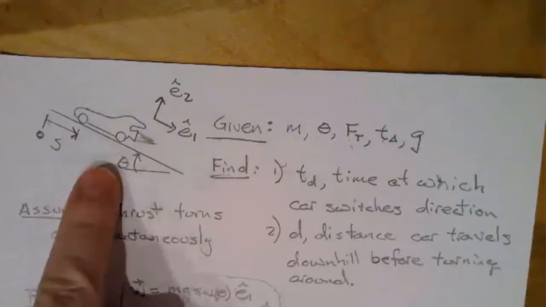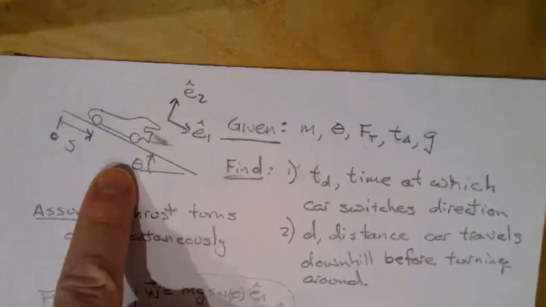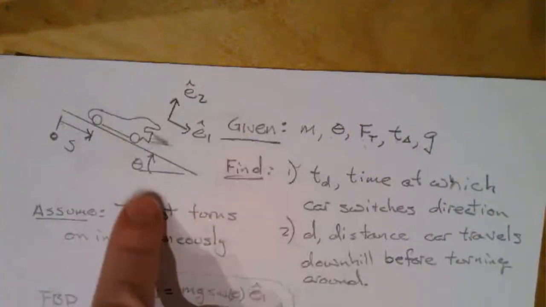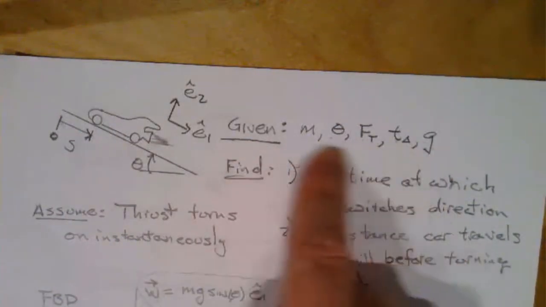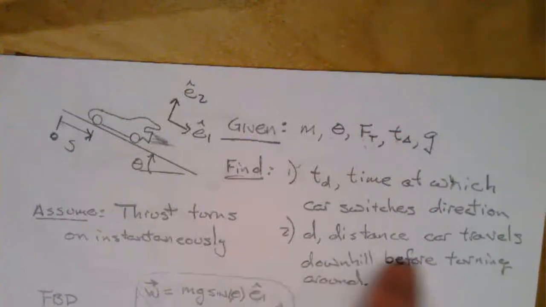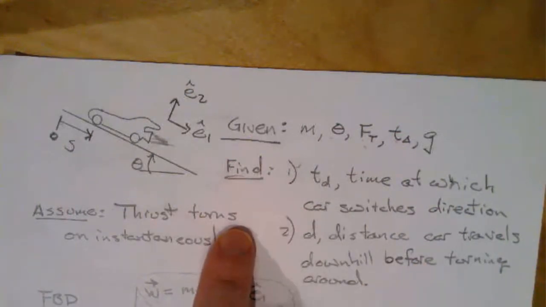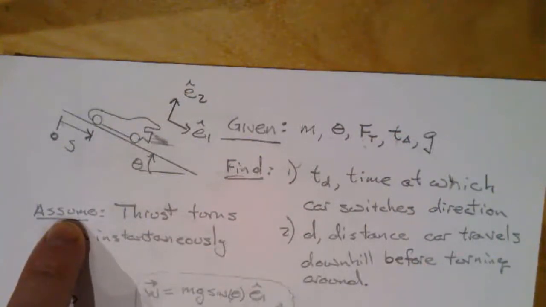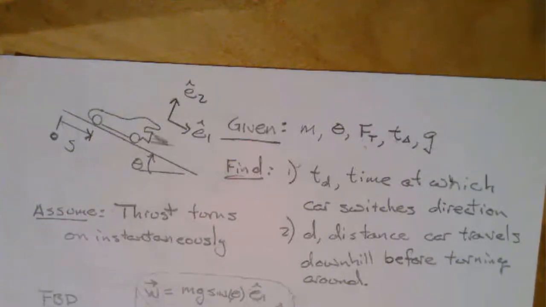I started off by drawing the problem and labeling relevant things. I listed my given quantities. I listed the quantities that I wanted to find. Actually, I only did half of it. I listed an assumption that we had, that the thrust turned on instantaneously.